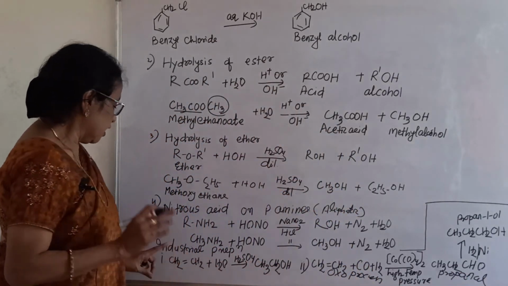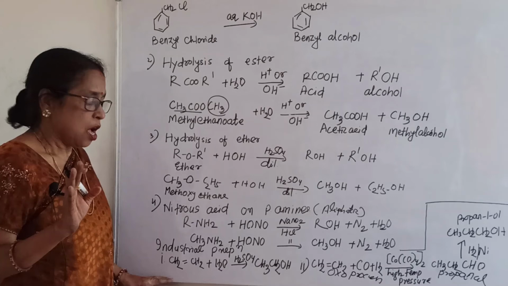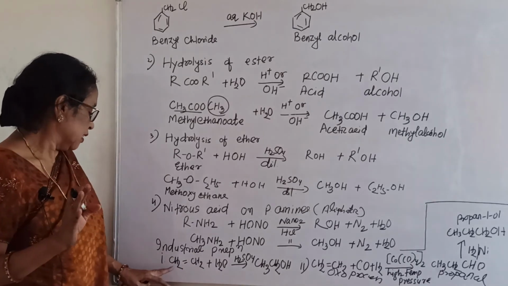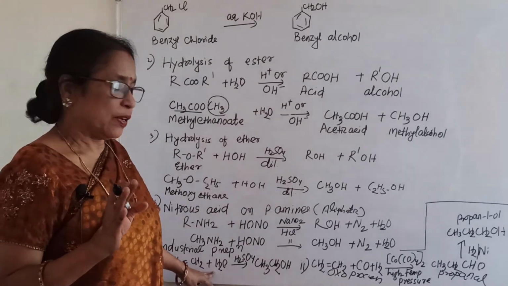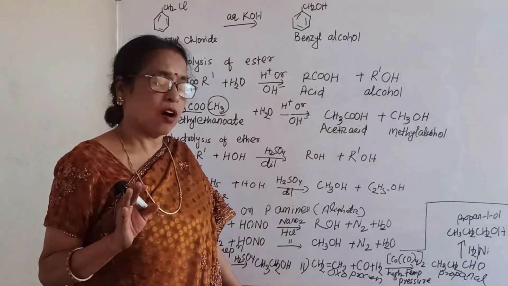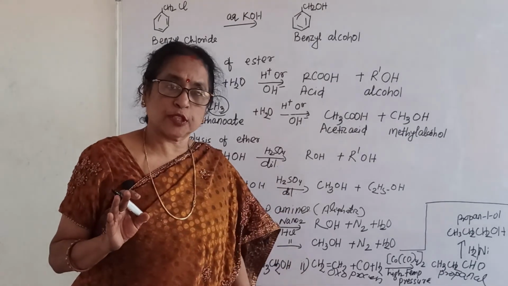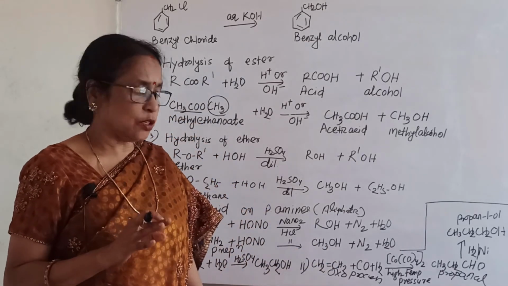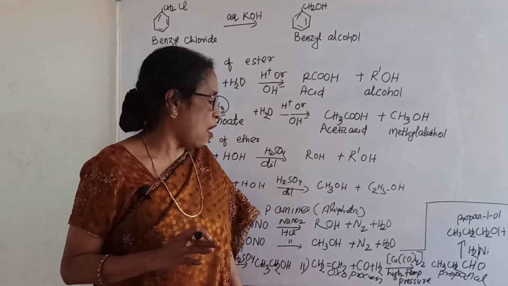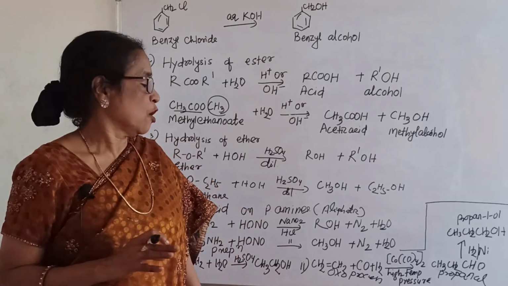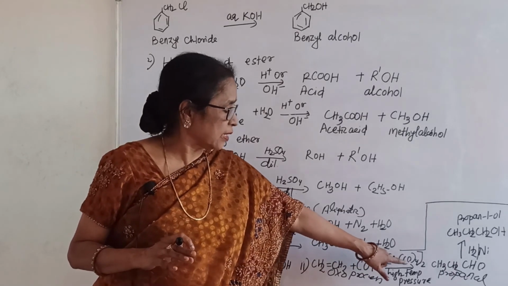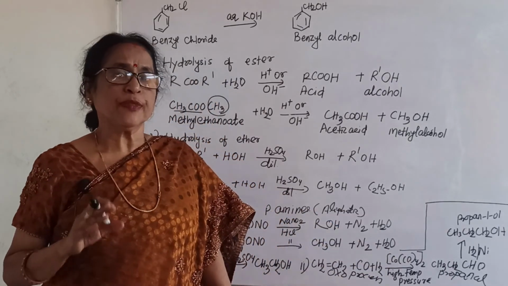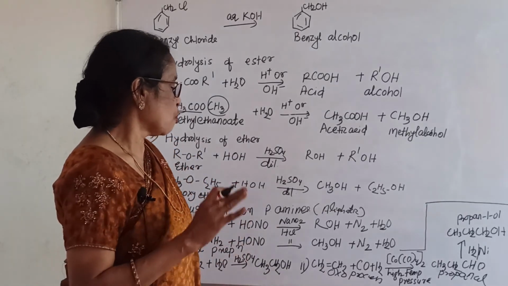Again see, industrial preparations are important too. So, ethene plus water in presence of sulfuric acid gives alcohol. And next is OXO process. In OXO process, ethene plus carbon monoxide and hydrogen, and in presence of octacarbonyl cobalt. This is cobalt. This is carbonyl. So what is the name? Octacarbonyl cobalt.